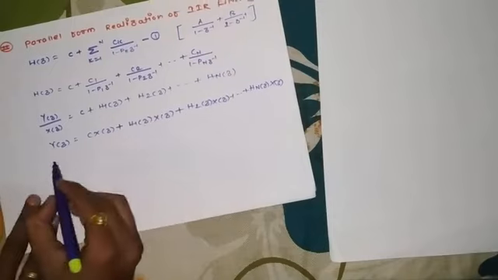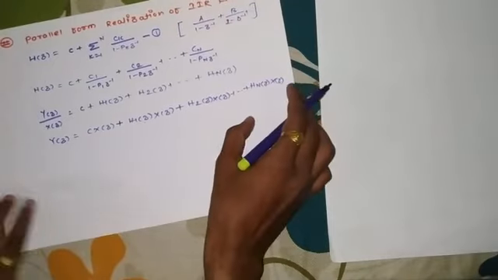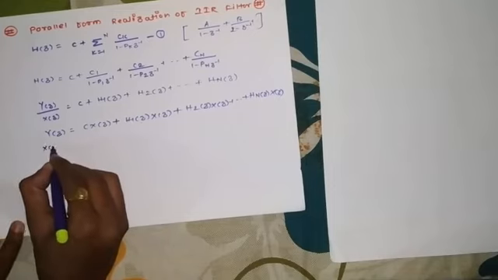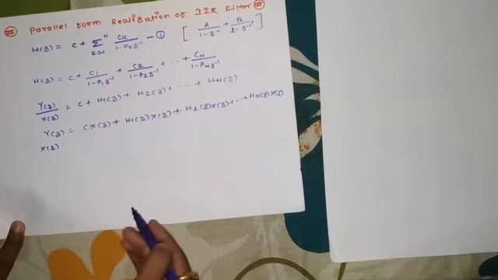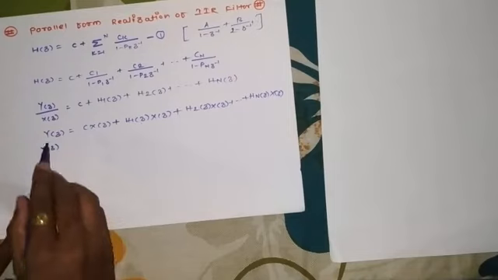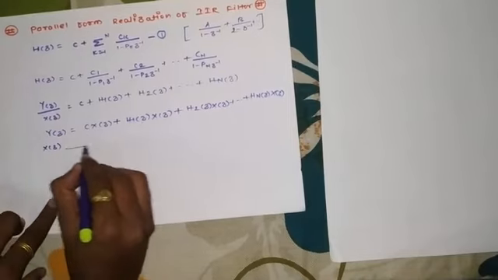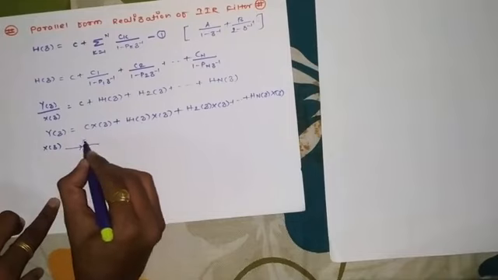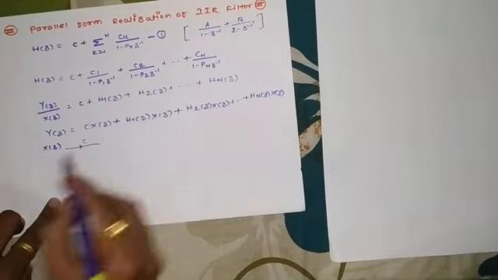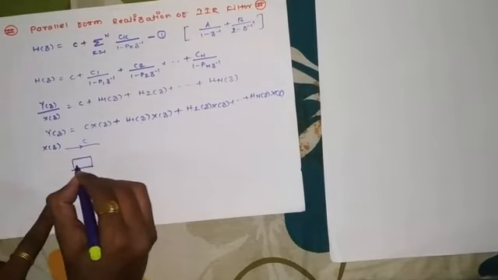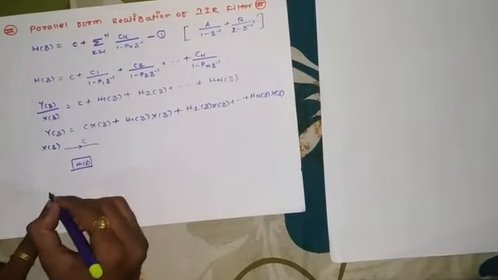So we'll write this. As usual, the process will be the same. Here we'll write the input as X(z), and at this side we will get the output as Y(z). So you can see Y(z) is a function of C into X(z). That means we need a multiplier with C, that becomes C into X(z). Next H1(z), so we'll consider one block here which is H1(z).